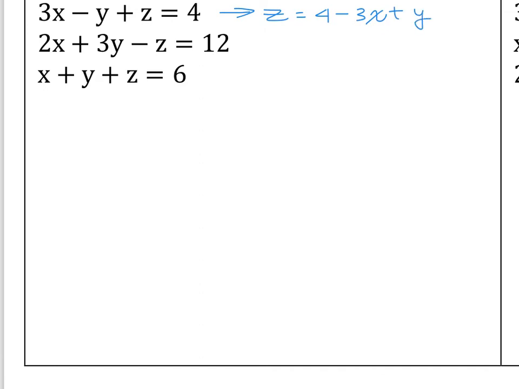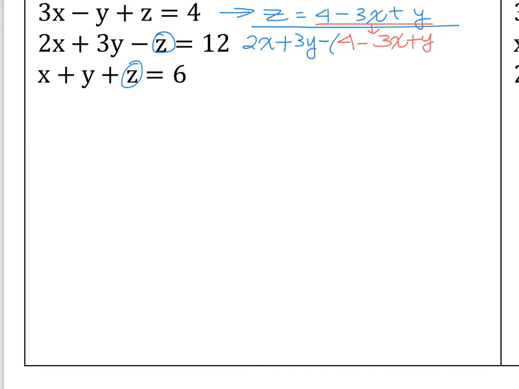Okay, now I'm going to substitute z into the other 2 equations. So this would be 2x plus 3y minus, I'm going to take this and substitute it in here, 4 minus 3x plus y.